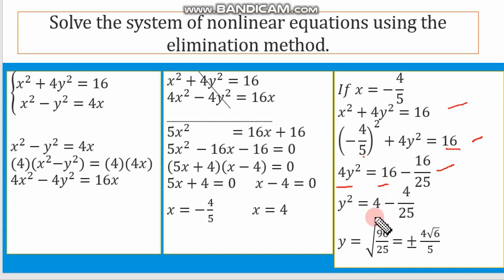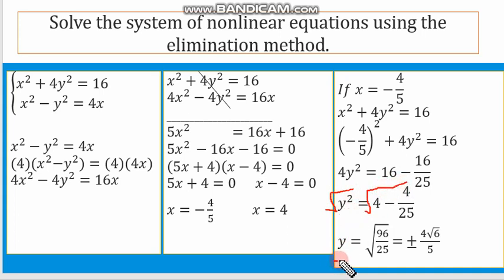So 16 divided by 4 is 4. 4y squared divided by 4 is y squared. 16 over 25 divided by 4 is 4 over 25. Next, we take the square root of both sides so that only y is left.